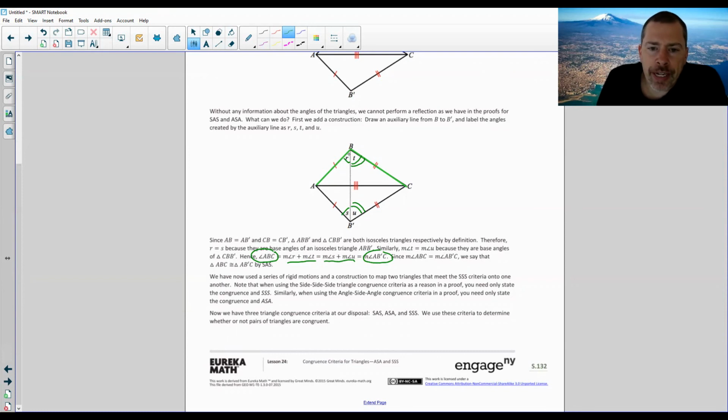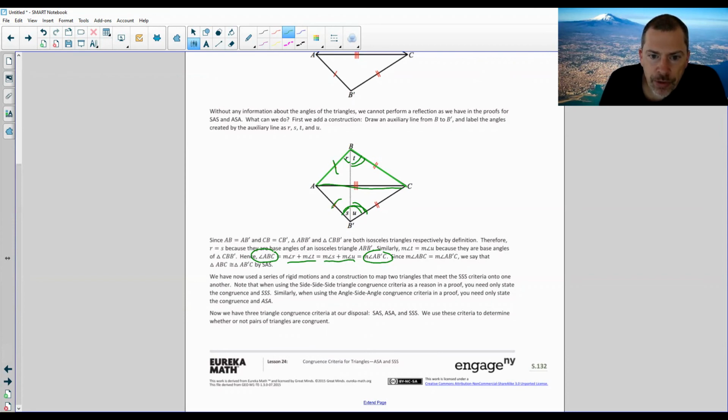Since the measure of angle ABC equals the measure of AB prime C, we say that triangle ABC is congruent to triangle AB prime C by side angle side, because we had this side, we had this side, and we have this angle. Triangle ABC is now this triangle up here, and triangle AB prime C is down here.